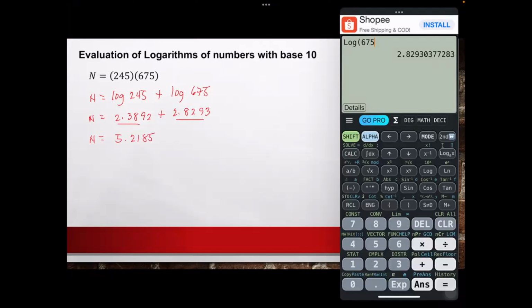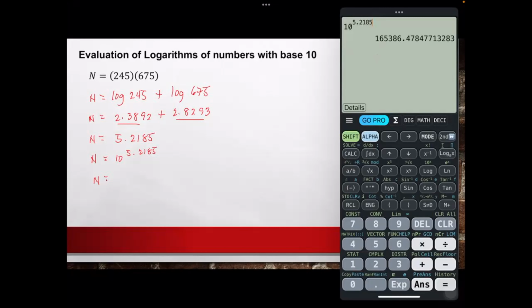After that, we raise it to 10, or use the antilog. So, n is equal to 10 raised to 5.2185. Press shift, then 10 raised to 5.2185. Up to the whole number, we will have 165,386 as the value of n.